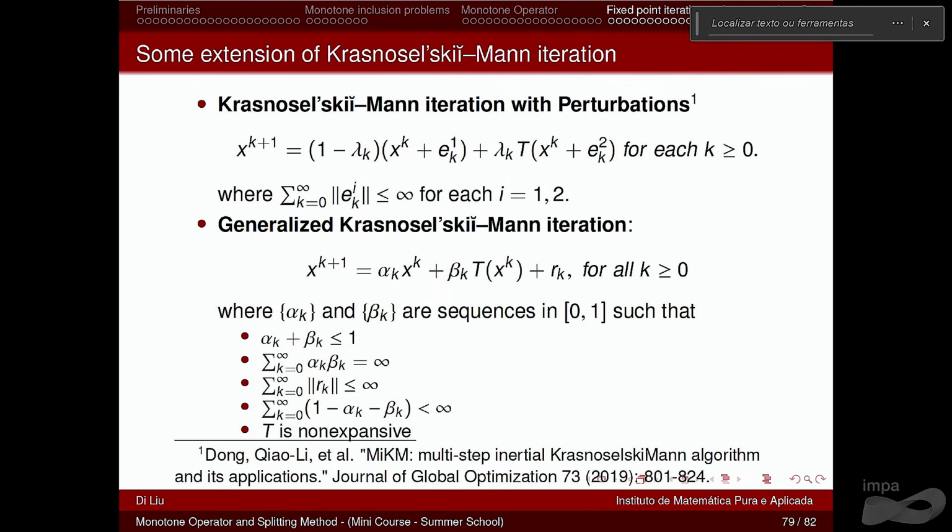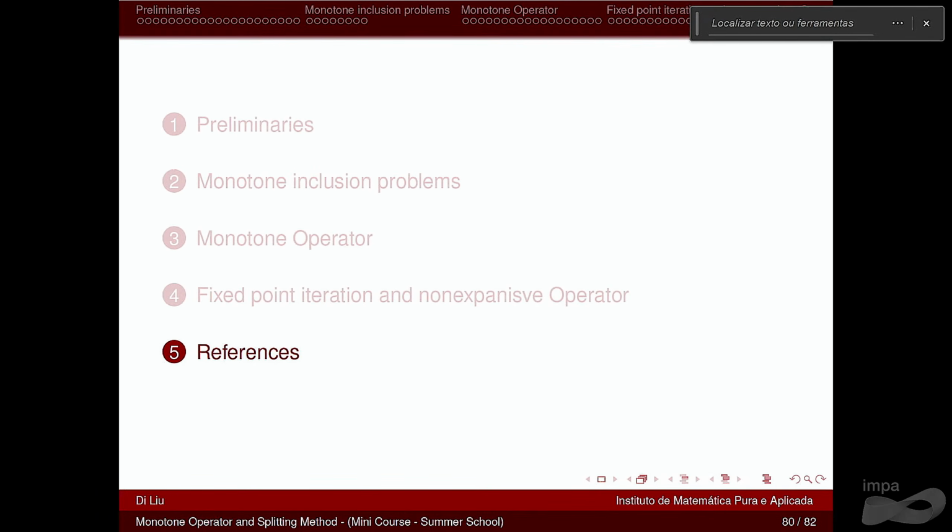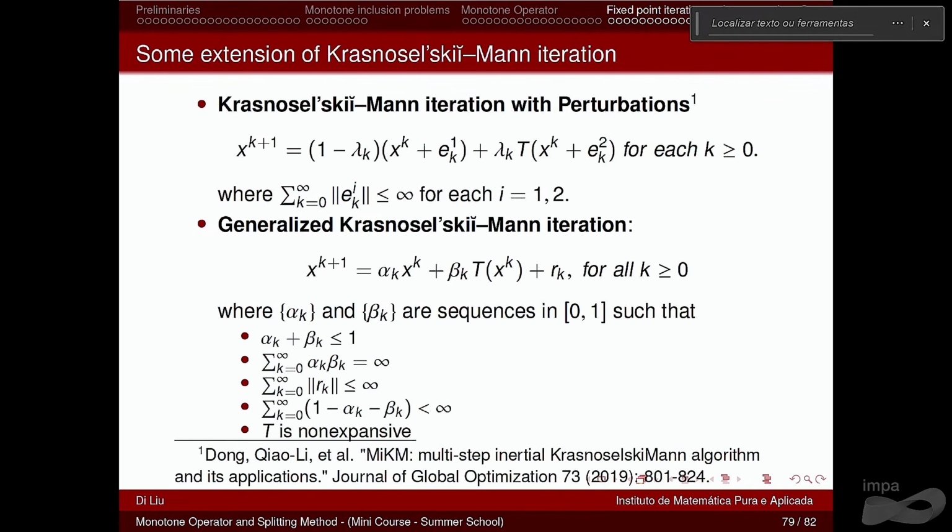I mean, this kind of generalization of fixed point iteration theorems can give you some new ideas to design algorithms to solve optimization problems, okay? Because here we have fewer restrictions on the parameters alpha k, beta k than the original one we used in Theorem 1. Okay, so this is what I wanted to discuss in the first slide, okay?